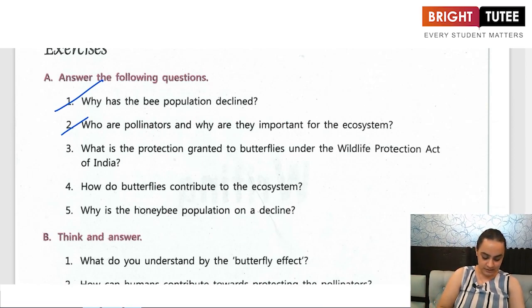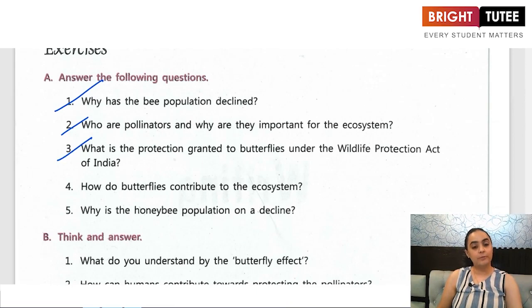Okay. What is the protection granted to butterflies under the Wildlife Protection Act of India? Under the Act, it is punishable as well as prohibited to capture a butterfly or to destroy its habitat.